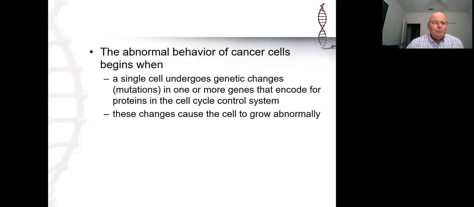And unfortunately, the permanent position is permanently on. In other words, they're sending the signal to the cells, it's okay to divide. And so this is typically what happens. These genes, unfortunately, have been named oncogenes.